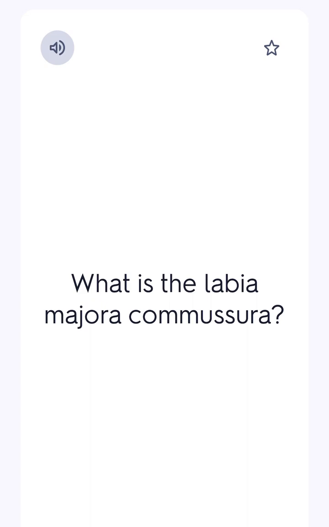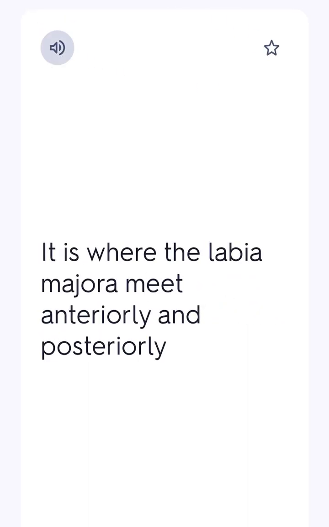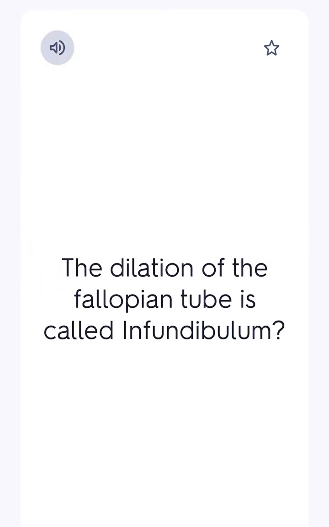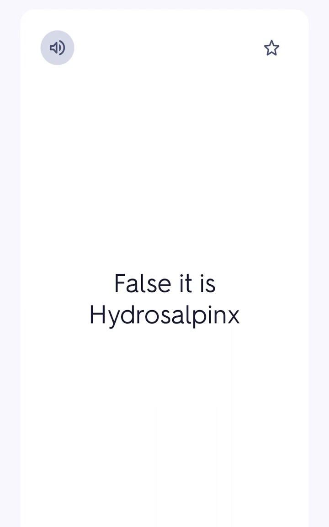What is the labia major, shura? It is where the labia major meet anteriorly and posteriorly. The dilation of the fallopian tube is called infundibulum. False, it is hydrosalpinx.